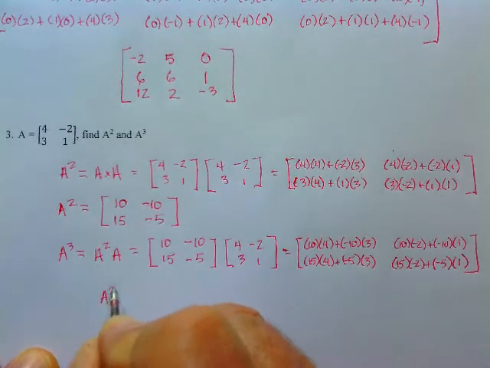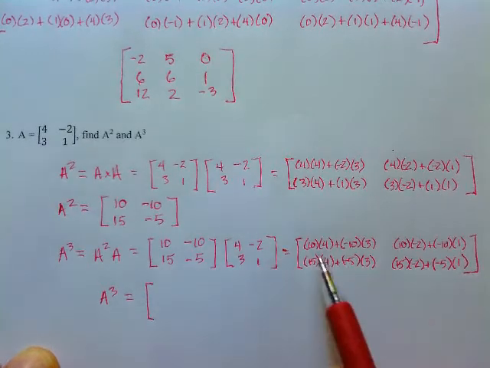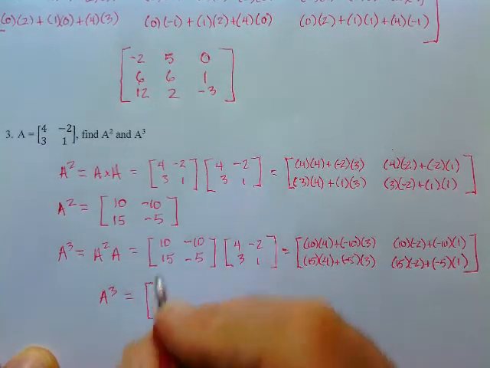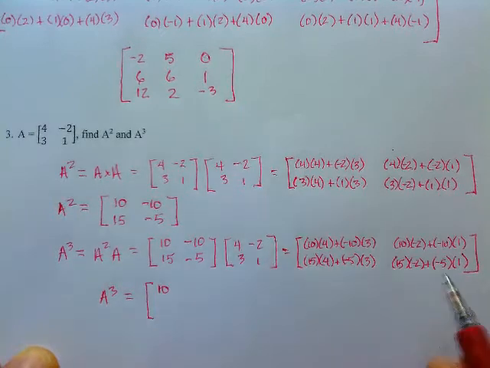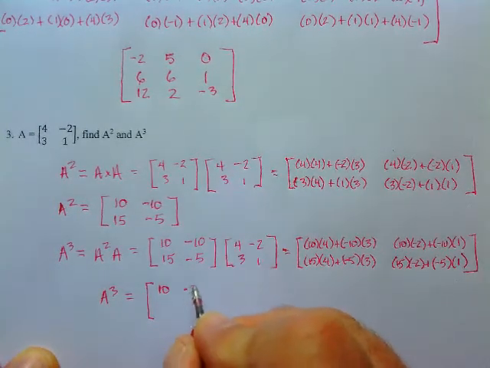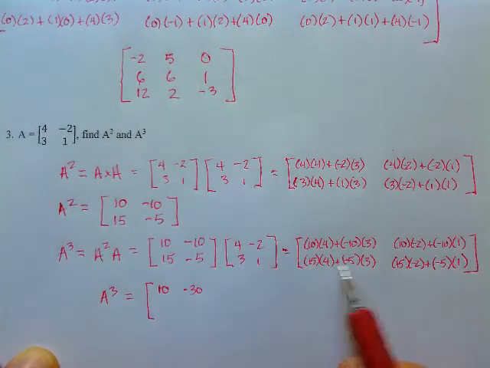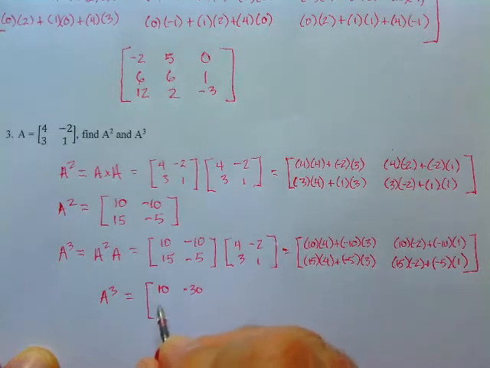So A cubed will equal 40 minus 30 is 10, negative 20, negative 10, negative 30. Here is 60 minus 15, so 45.